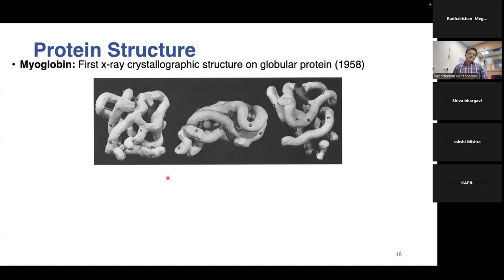So in the 1940s, people thought that biology does not follow any of the physics laws. Biology does not follow any of the chemical laws.